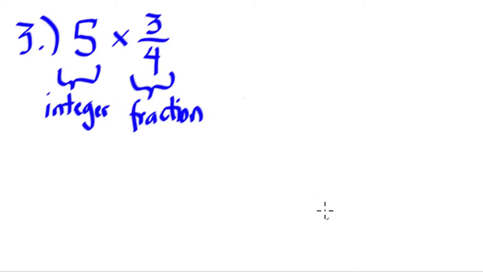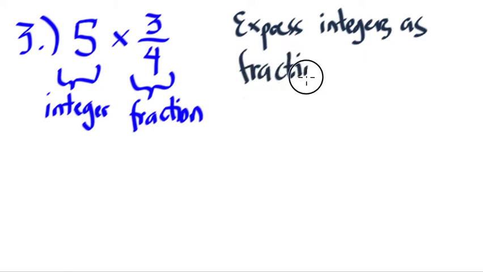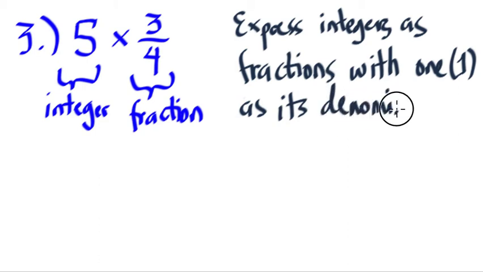So what are we going to do with this one? We're going to express integers as fractions. How do we express integers as fractions? When we multiply, we just imagine fractions with 1 as the denominator.